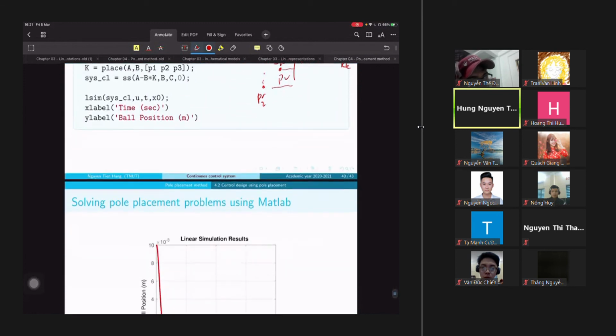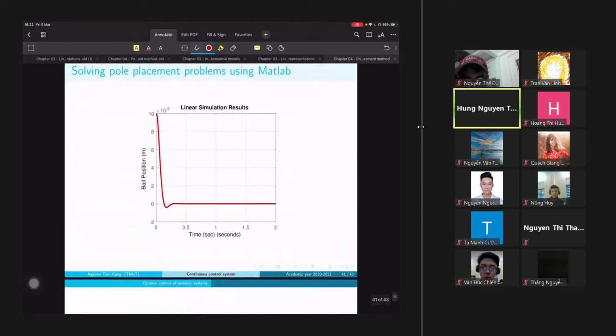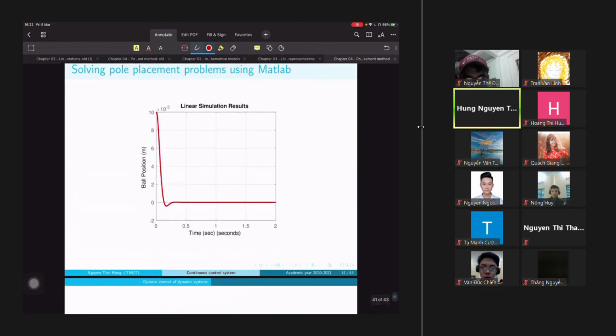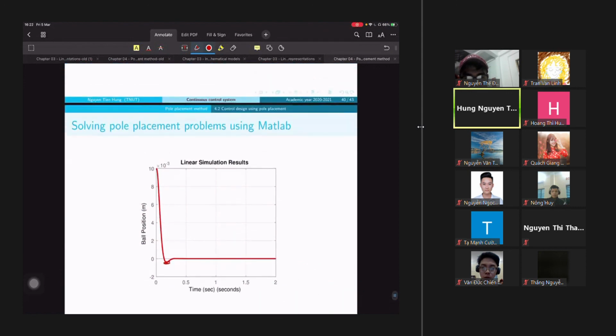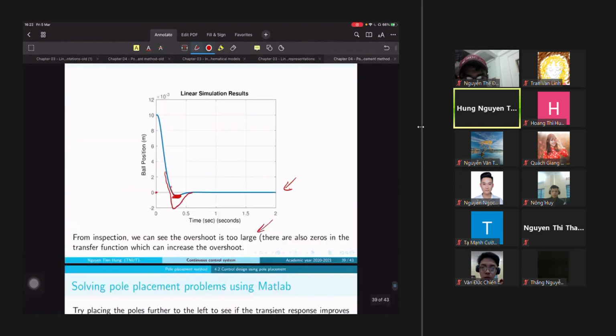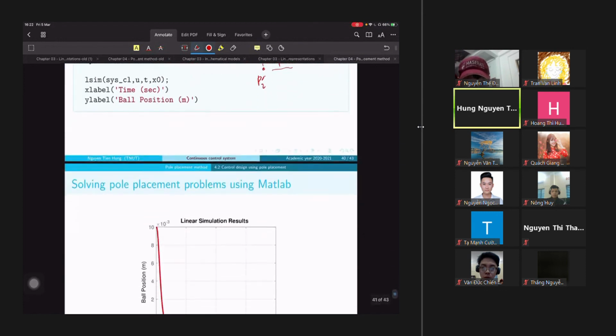We do exactly the same, and you see that it could be like this. It's still large, but a little bit faster. In the first try it was like this, and now it's like this.